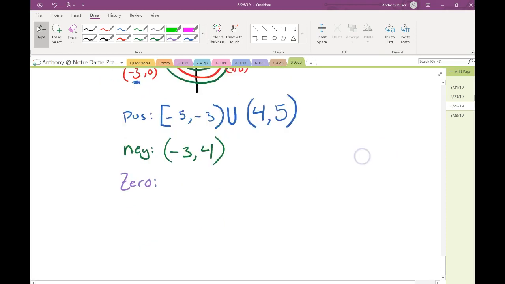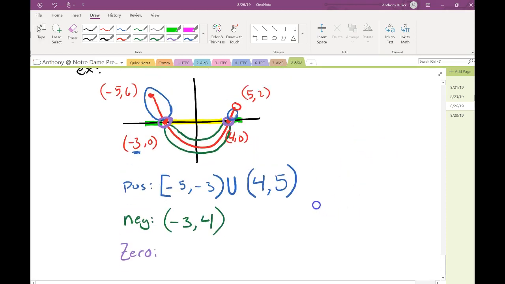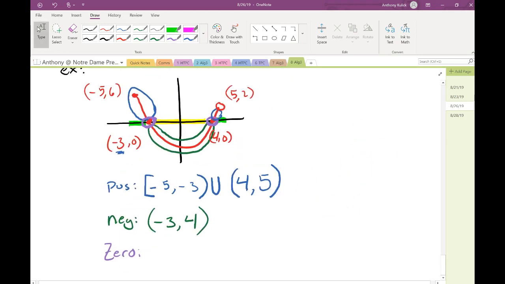Now let's do the 0 parts. What's different about the 0 parts and the negative or positive parts? How many points are included in the 0 part? 2.